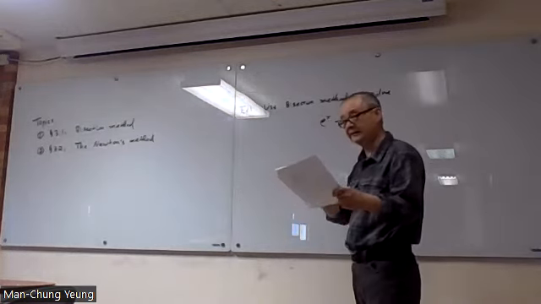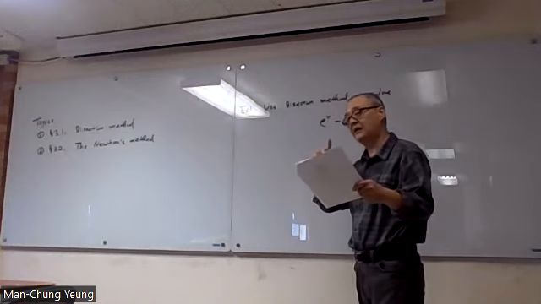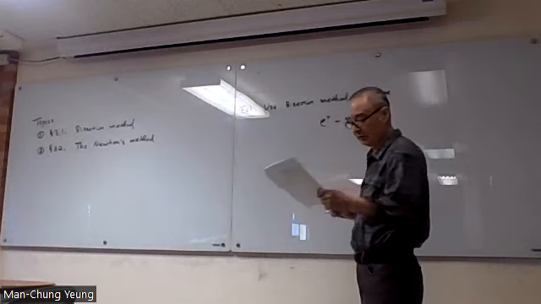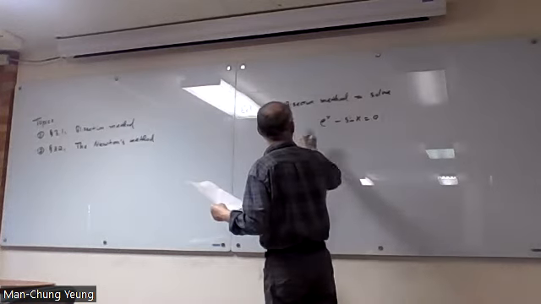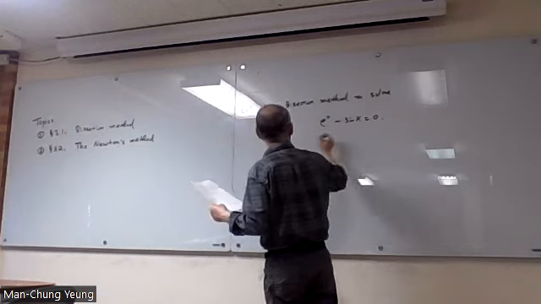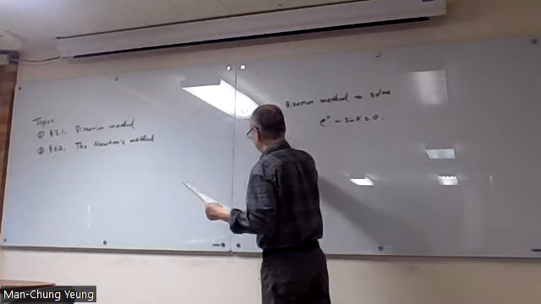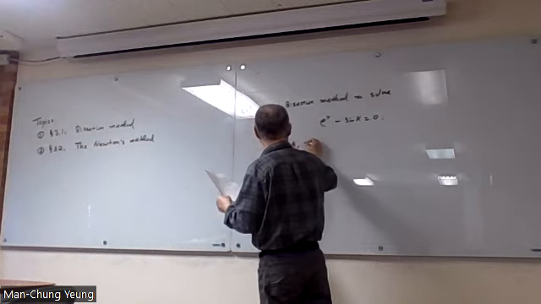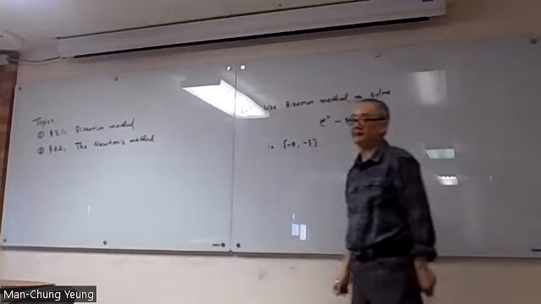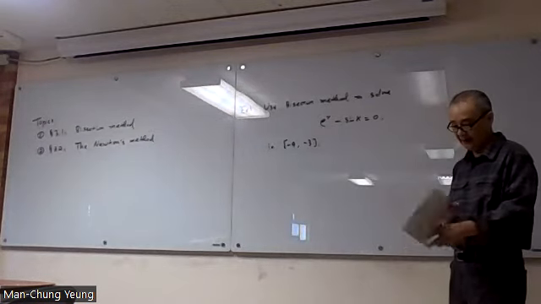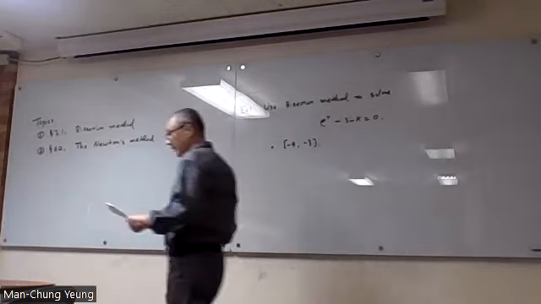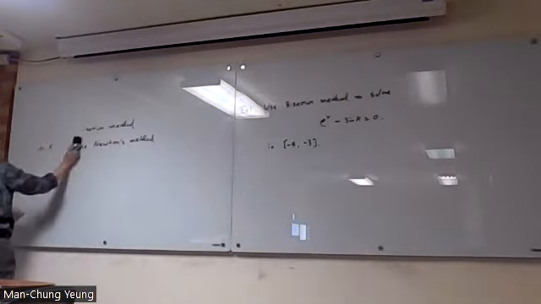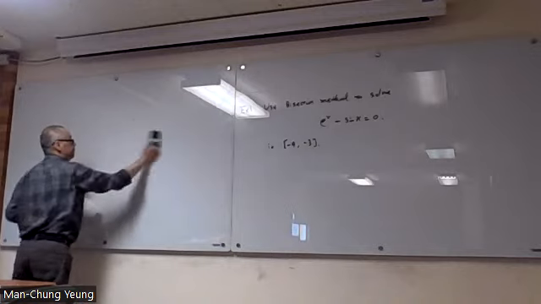This equation has a solution, or a root, or a zero, in this interval. Okay, now take a review of the bisection method by using these examples.